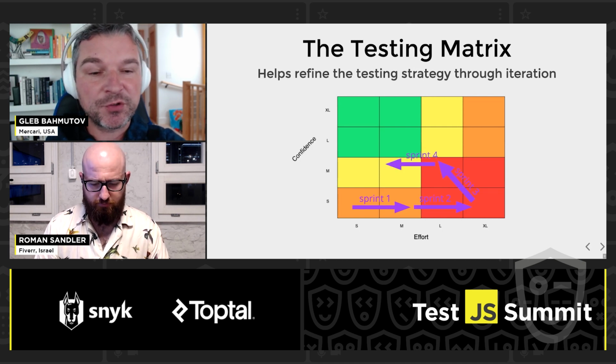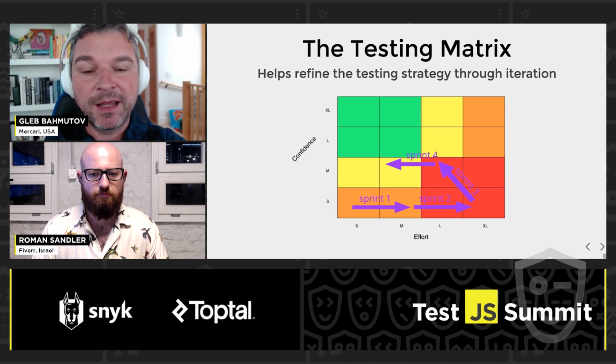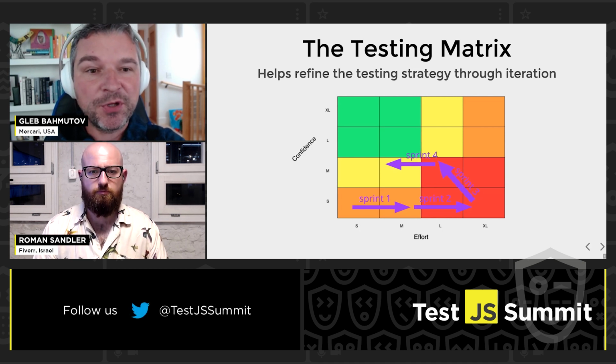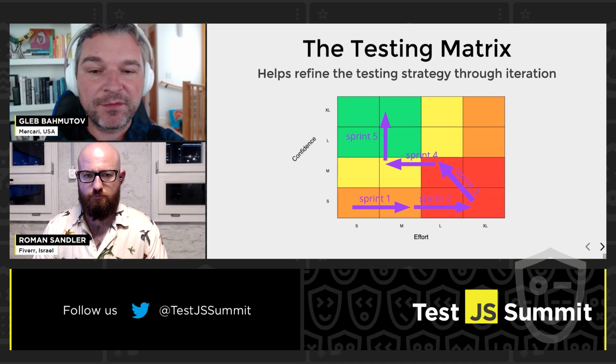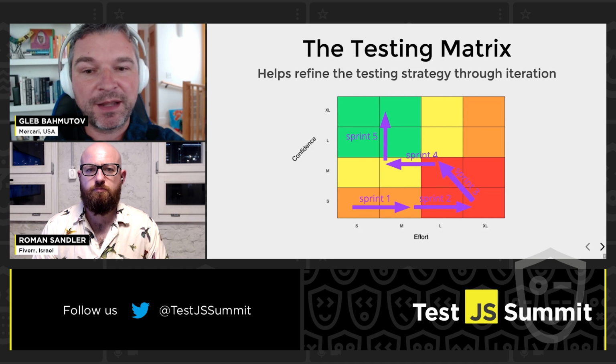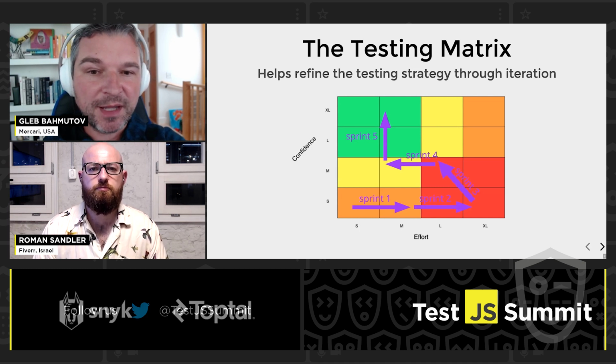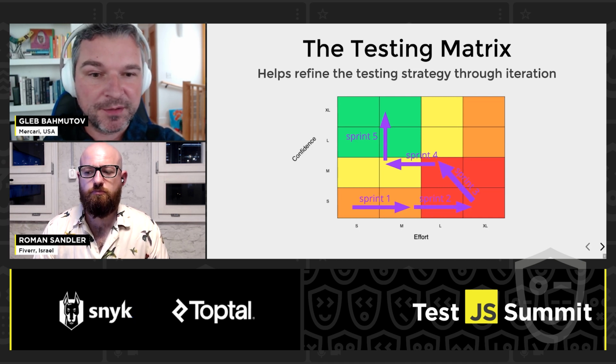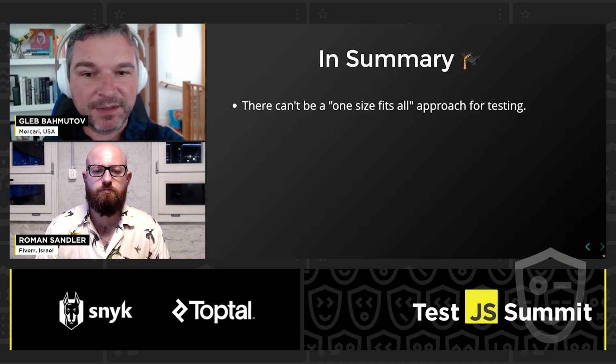Maybe you concentrate on more tests in the next sprint to actually automate most of them. Maybe you look at different tools like visual testing, code coverage to increase the confidence from the tests you already automated. So you use the testing matrix through your iterations to improve your confidence and lower the effort. Roman, take it away.